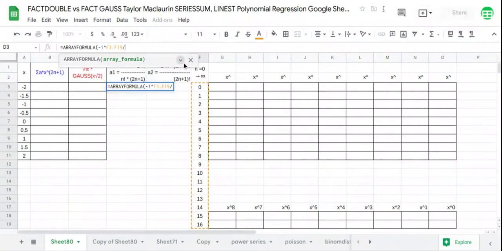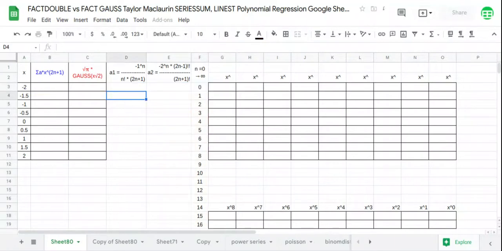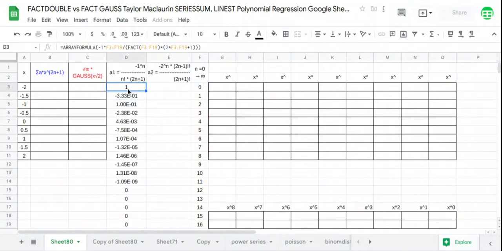Divided by, there are two parts: factorial n times the second part, the quantity 2n plus 1. So the quantity 2 times n plus 1. And so here's the factorial coefficients.